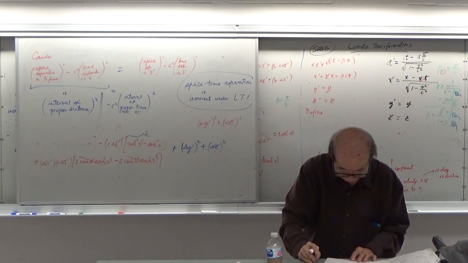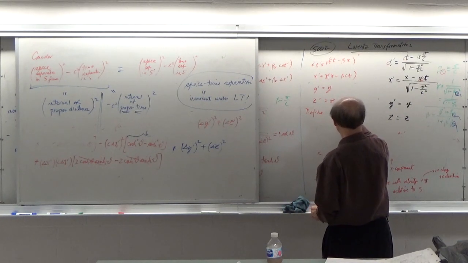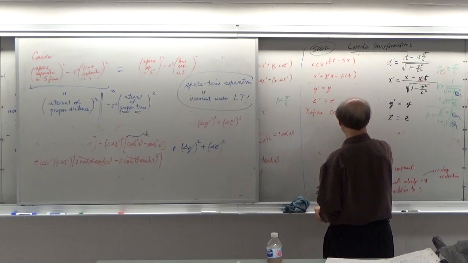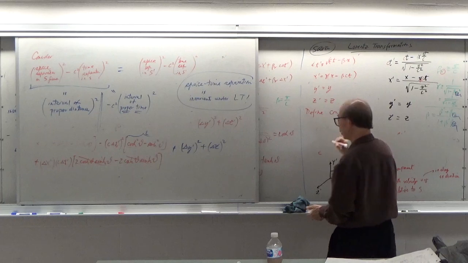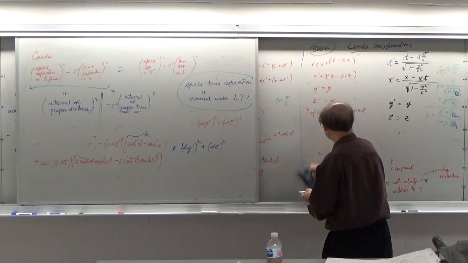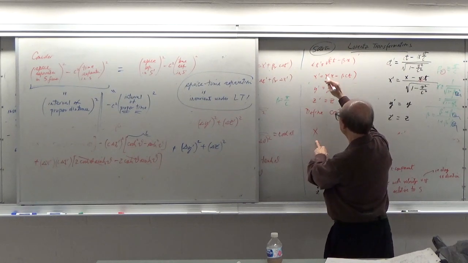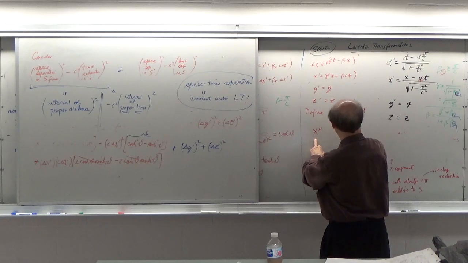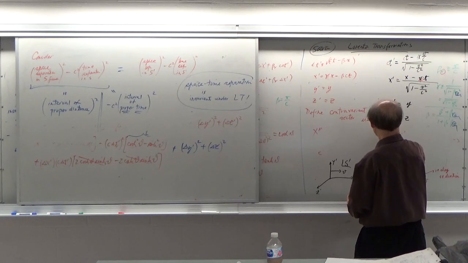So let me introduce the contravariant vector, the space vector. It is denoted by x, making use of the fact that we are talking about just one of the coordinates, x mu, and mu runs over 0, 1, 2, 3.